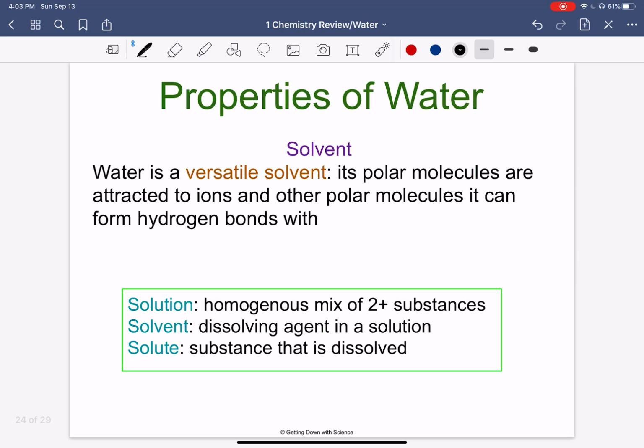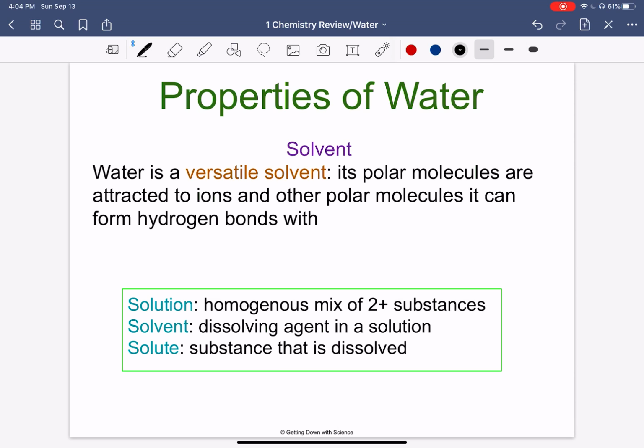One more thing about water, and I sort of mentioned this before. It's a very good solvent. It dissolves like bonds. What I mean by that is if you have something that is already charged, like sodium chloride, like salt, or proteins, carbohydrates, things like that, it dissolves very well in water because water is a charged molecule.